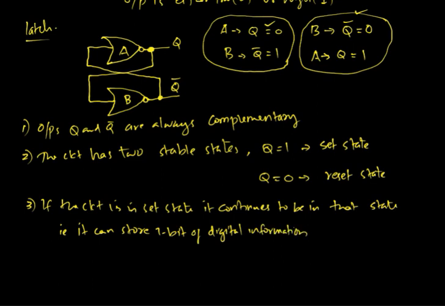These are the things which we can note in the discussion of a latch circuit. This is called a latch because the information is locked or latched in this circuit.